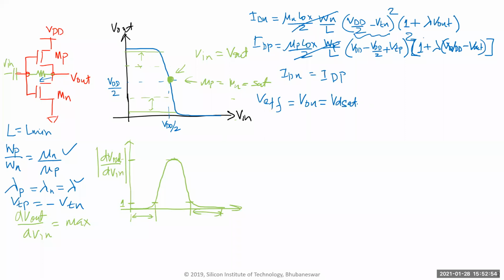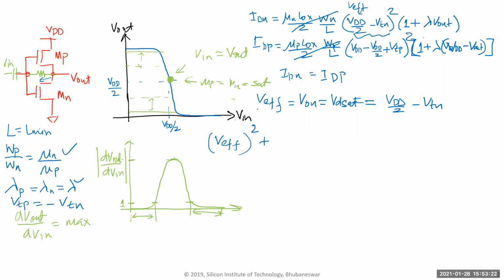They're all the same. So the VGS minus VTN or VTP, in our case it is VDD/2 minus VTN, right? That's VDS. So this becomes V effective square. Okay. So if I now take both sides and equate it, I'm going to write V effective square, right?